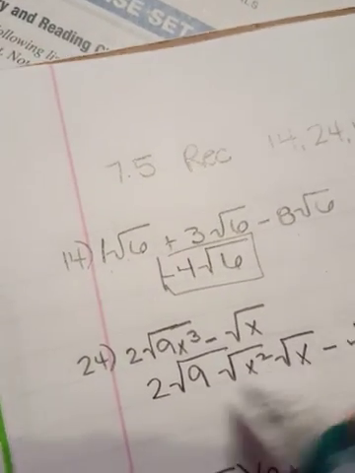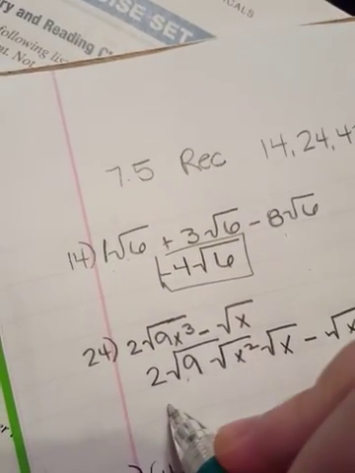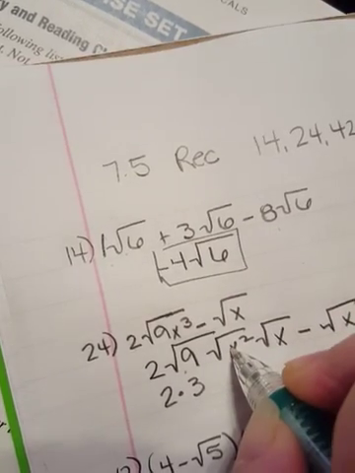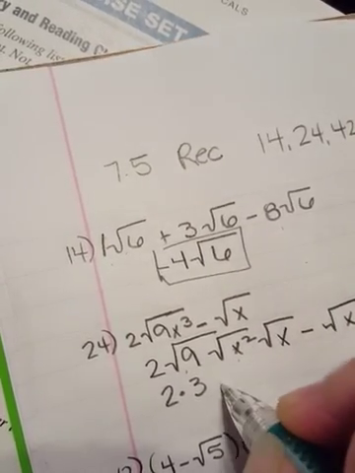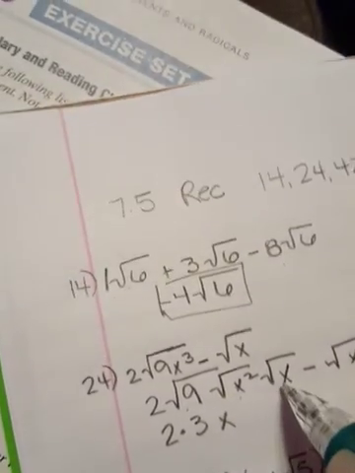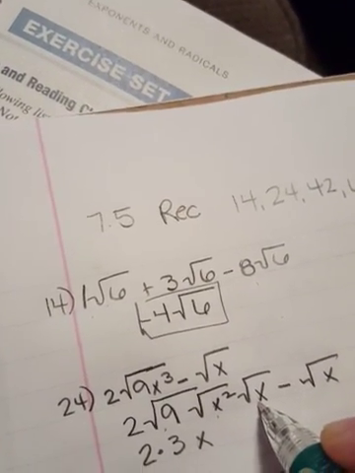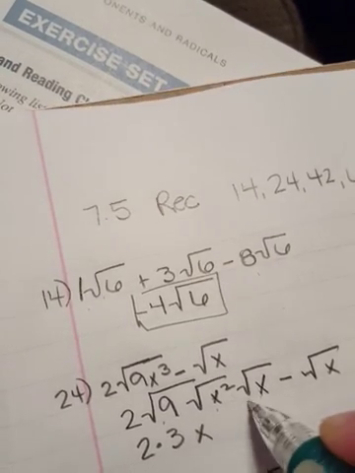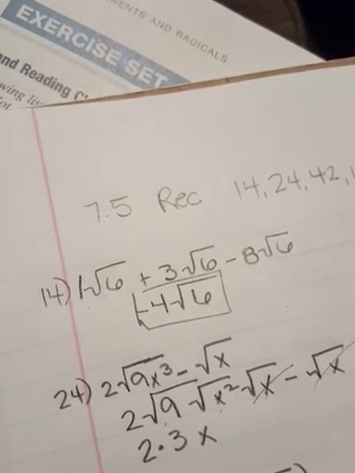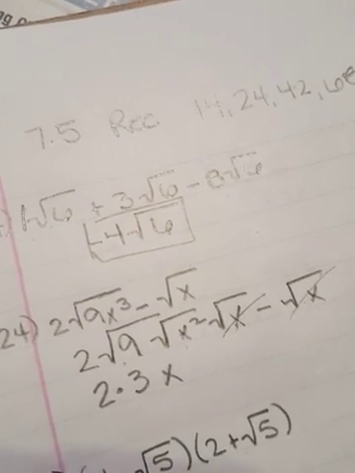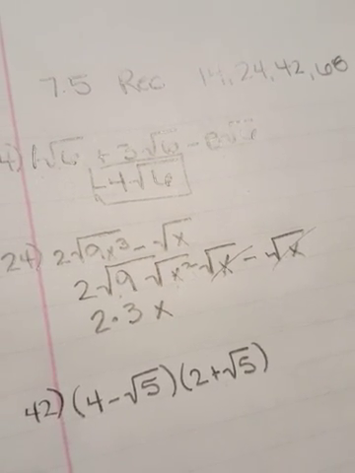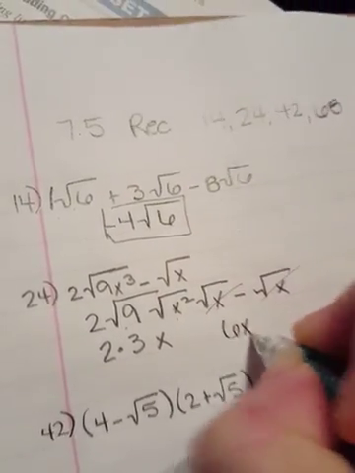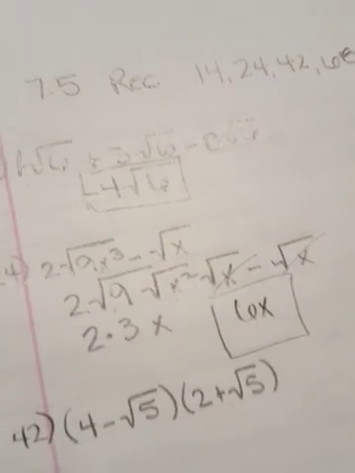Okay, so the square root of 9 is 3, so 2 times 3, and this square root of x squared becomes x, and the square root of x minus the square root of x crosses out. So I believe our answer is going to be 2 times 3 is 6. So I believe that is going to be our answer.